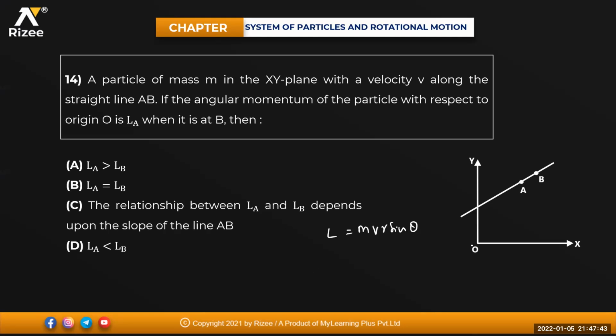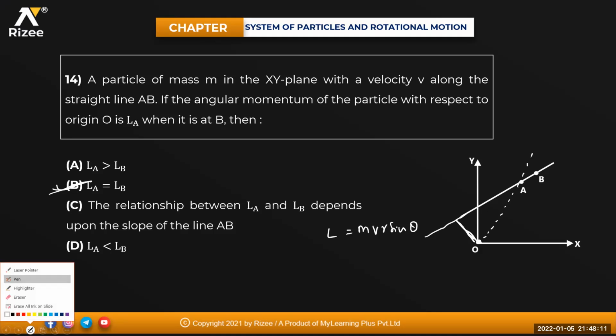Even if I take for B, the perpendicular distance will be the same. So there is no change in perpendicular distance, so angular momentum of that particle will remain the same. That means LA will be equal to LB.